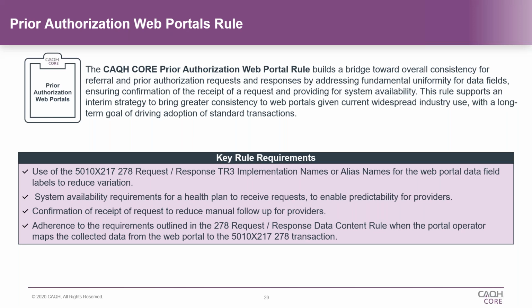So this is really down and deep into the requirements of the implementation guides and making sure that the entire industry starts using the same vocabulary when it comes to identifying a patient or a provider or a health plan, and making sure that we're all using the same vocabulary makes it much easier as we progress to a fully automated system and process.